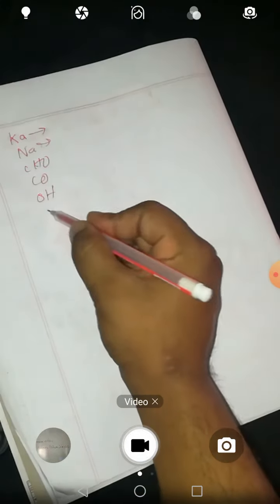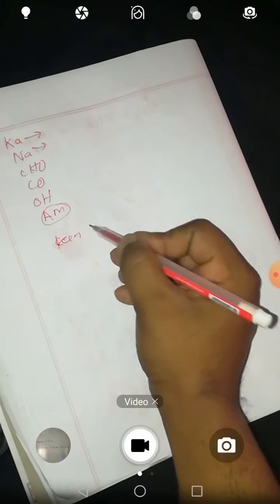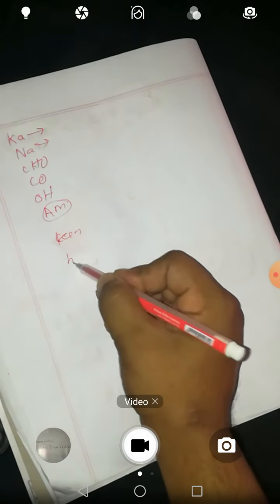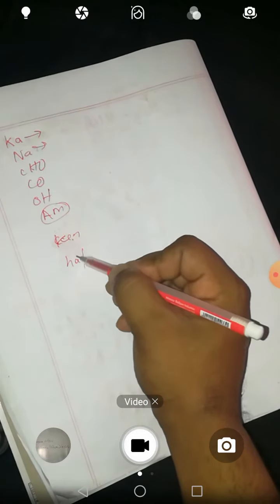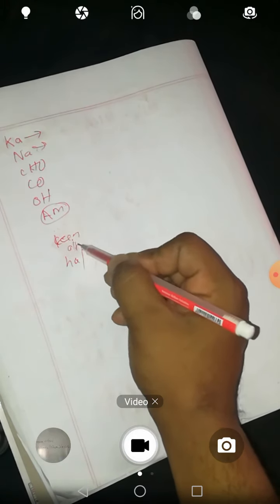Ka stands for carboxylic acids, Na stands for nitrile, chocos for ketone, alcohol, amne means amine, kinna means alkene, and halaise means halogen. Between kin and hal there is also alkane. So this is the priority sequence for naming of organic compounds.